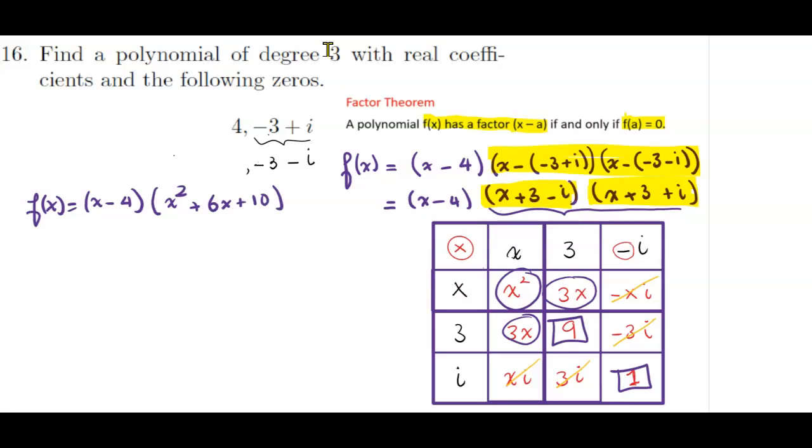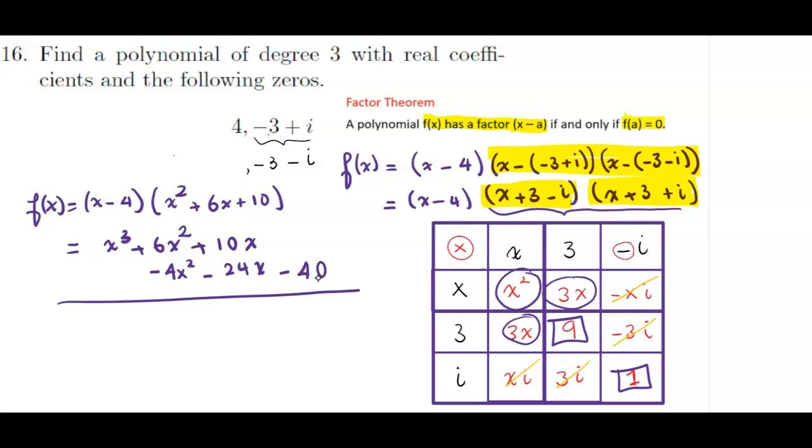And then this is a regular multiplication of polynomials. You could use the table if you want to, but it's not necessary here. So multiply everything by x: x cubed plus 6x squared plus 10x. And then multiply everything by minus 4: minus 4x squared minus 24x minus 40.